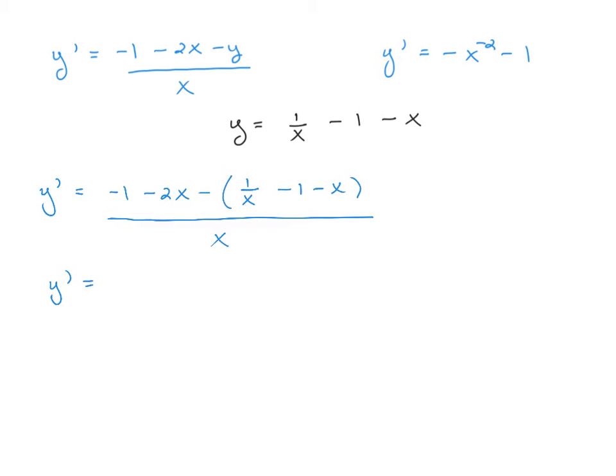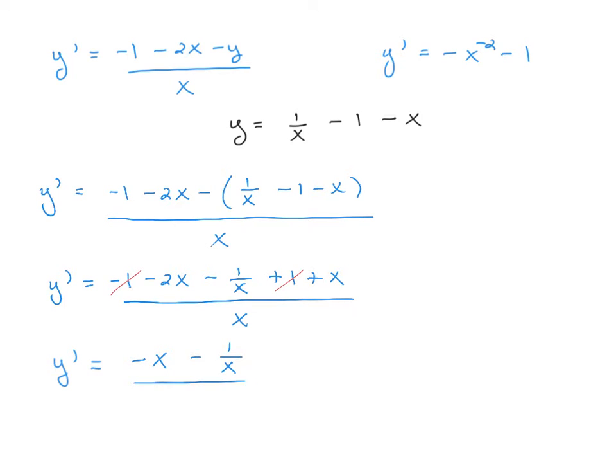So y prime is equal to, let's see, -1 minus 2x minus 1 over x plus 1 plus x. Okay, we got some stuff that combines and cancels, like this negative and positive 1. So that's gone. y prime is equal to, okay, we have a negative 2x and a positive x, that's negative x, and then minus 1 over x, all divided by x.